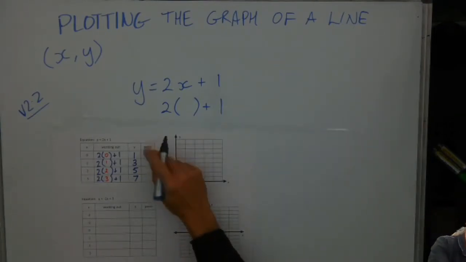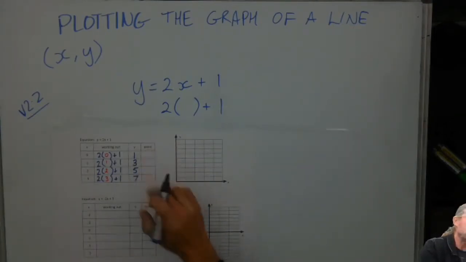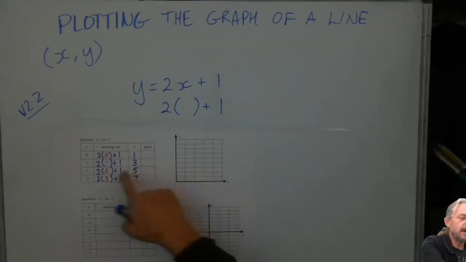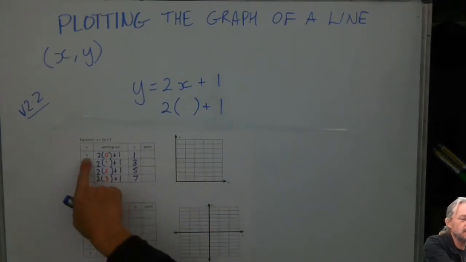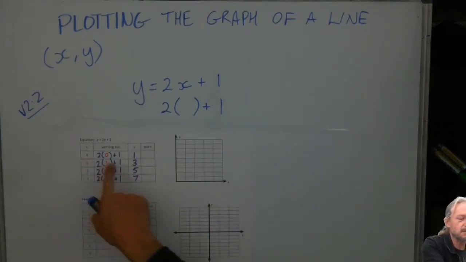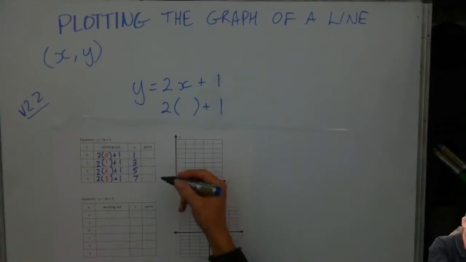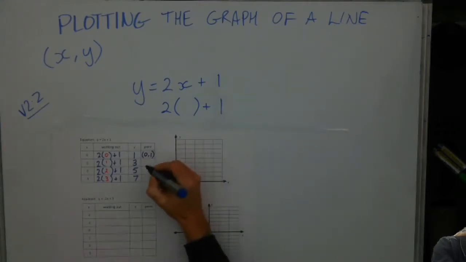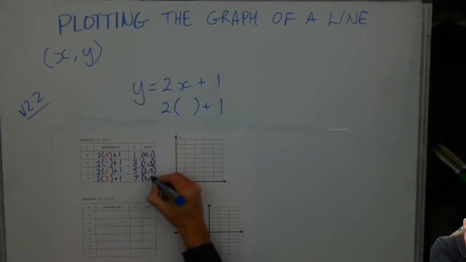So in this final column where it says point, or maybe it might say coordinate, we're going to write out our coordinates first with our x and then with our y. So this one would be 0, 1, 1, 3, 2, 5, 3, 7.